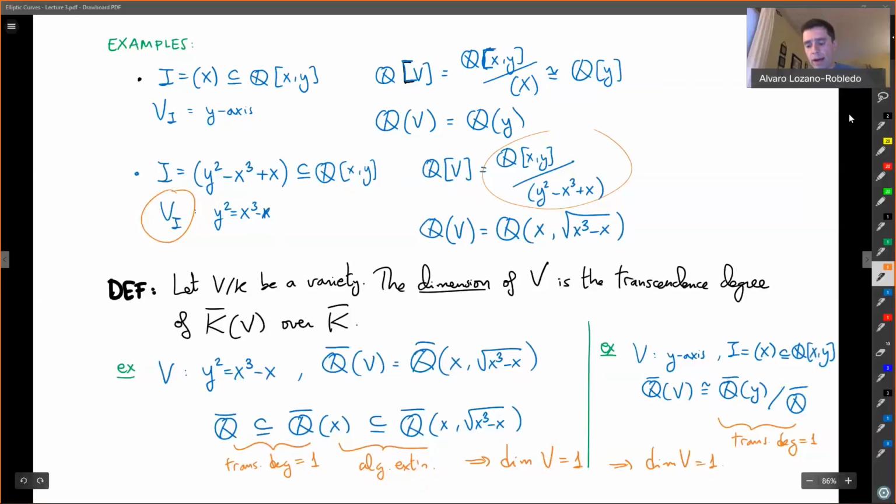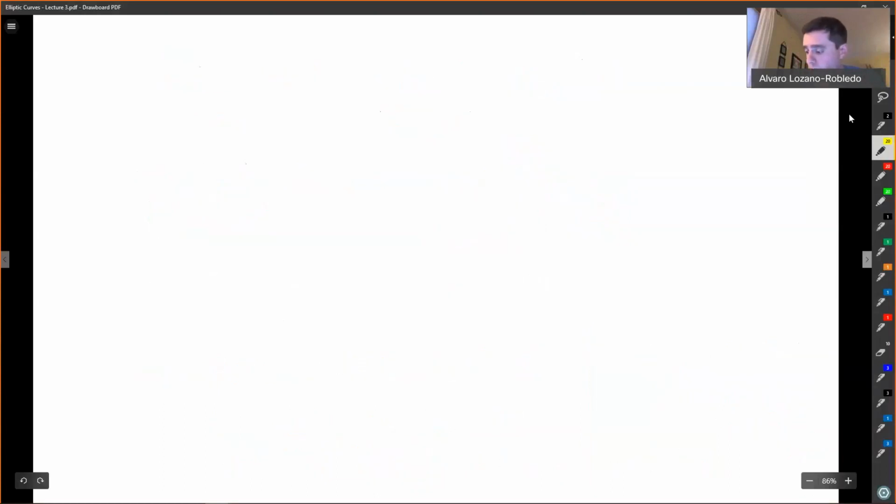Okay, welcome back. We have just defined what the dimension of a variety is. So now we have varieties, we have dimensions, so we know what dimension 1 means. Now we actually call those curves.